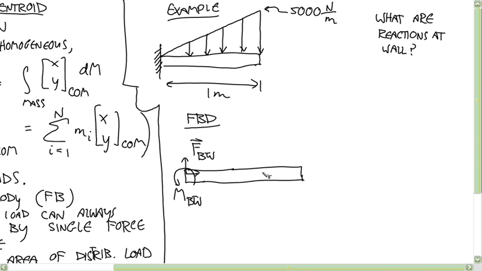So there's a force here with a magnitude that's equal to the area of this distributed load. So the area is base times height over 2, which is 5,000 newtons per meter times 1 meter divided by 2, which is 2,500 newtons.